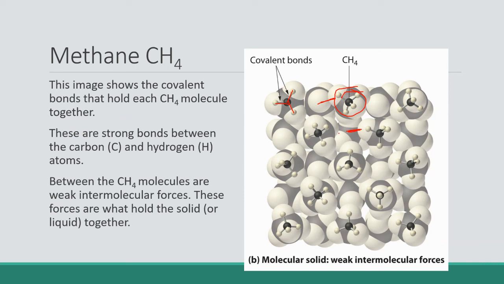If we cool methane down enough, it will become a liquid, with weak intermolecular forces holding the molecules together, or even a solid if really cold. But if we heat it up, and we don't need much energy, it will become a gas. We separate the molecules, but the covalent bonds are still in place. We've broken the attraction between the molecules.